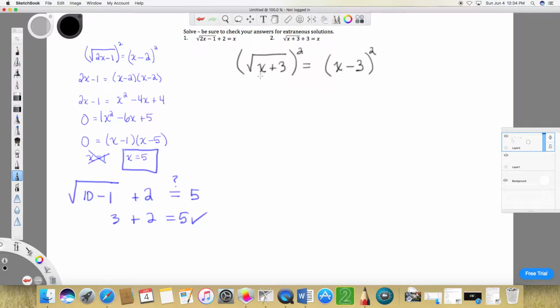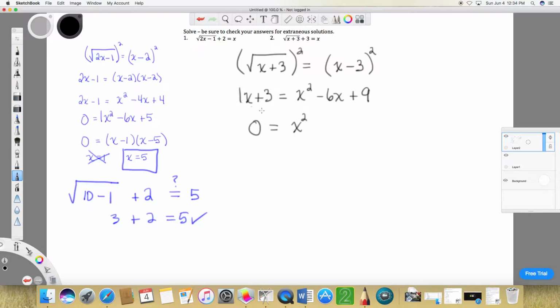On the left-hand side, this radical goes away, and we have x plus 3. Now on the right-hand side, exponents don't distribute. When you multiply this out, you'll get x squared minus 6x plus 9. So we're familiar with quadratic equations. You've solved them in every math class that you've had in high school.